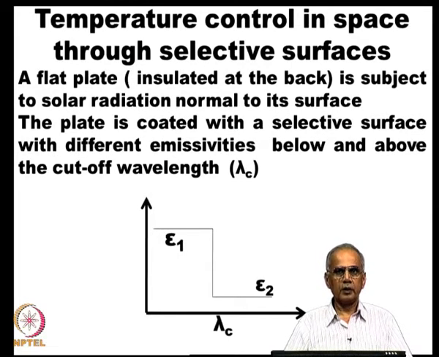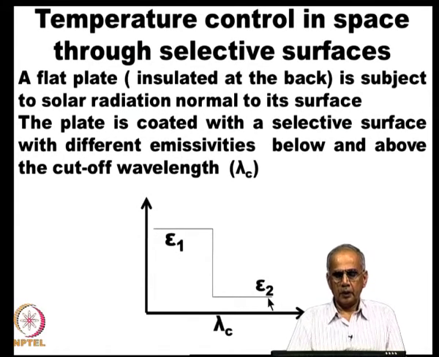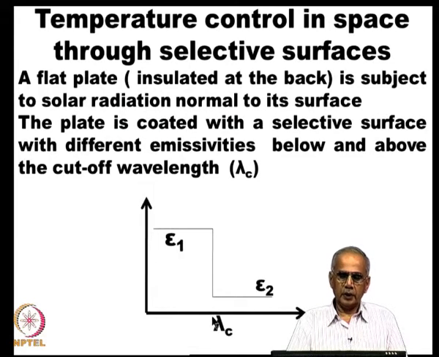We had talked about selective surfaces earlier as surfaces whose radiative properties vary dramatically in 2 different wavelength ranges. So, I have taken a very simple example in which the emissivity of a surface is of one value for a wavelength below a cutoff wavelength called lambda c, and above that it is a totally different value.